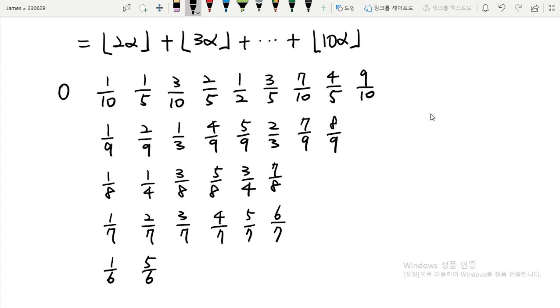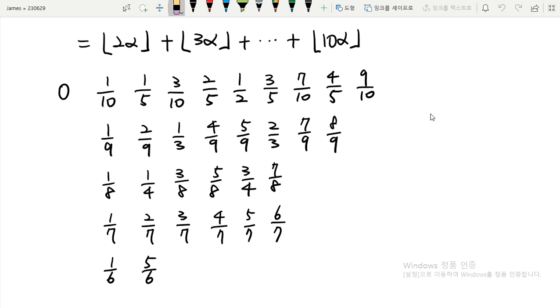And how about 5 times alpha? For 5 times alpha to be an integer, the fractions will be from 1/5 to 4/5, but they are already included when the denominator is 10, so we don't have to think of the 5 times alpha. 4 times alpha is the same.